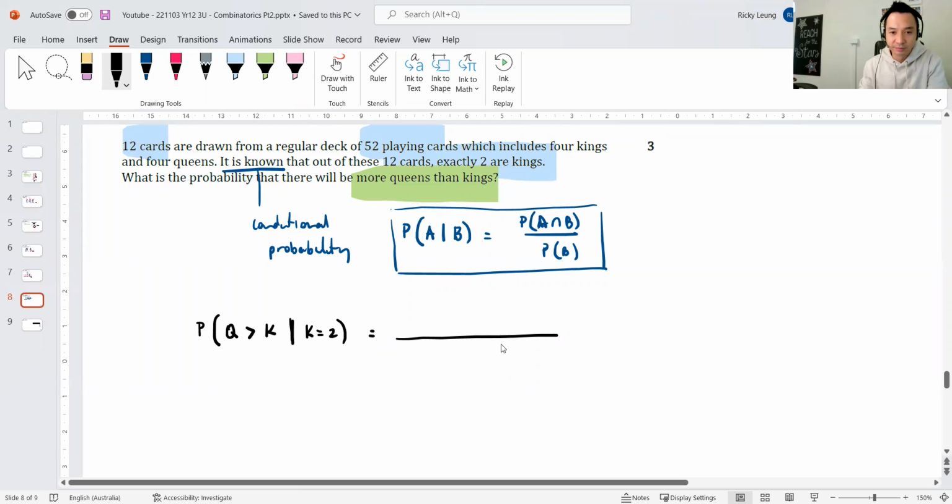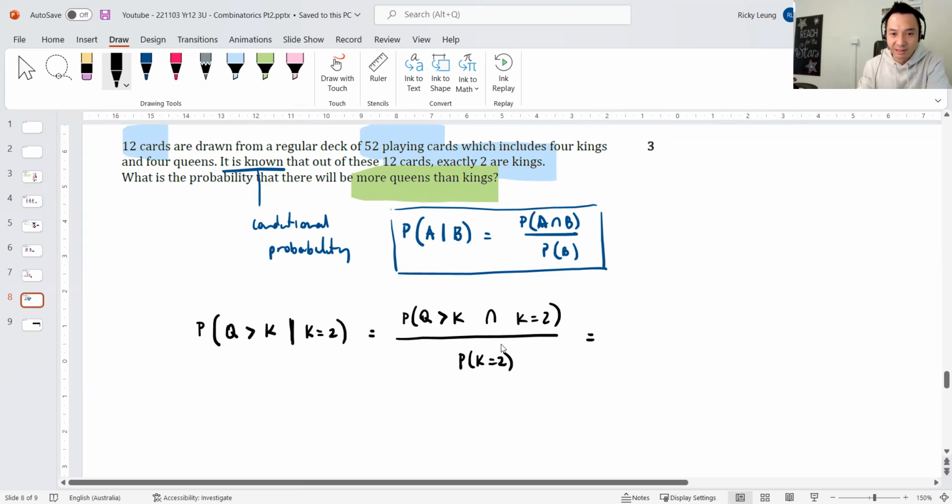They're basically saying king is 2 on the bottom. Now, if there are 2 kings, then the probability on top is queens bigger than kings, intersecting with kings equals 2.